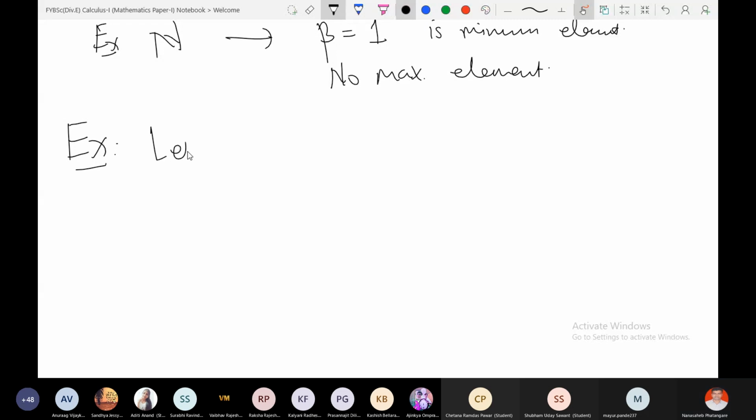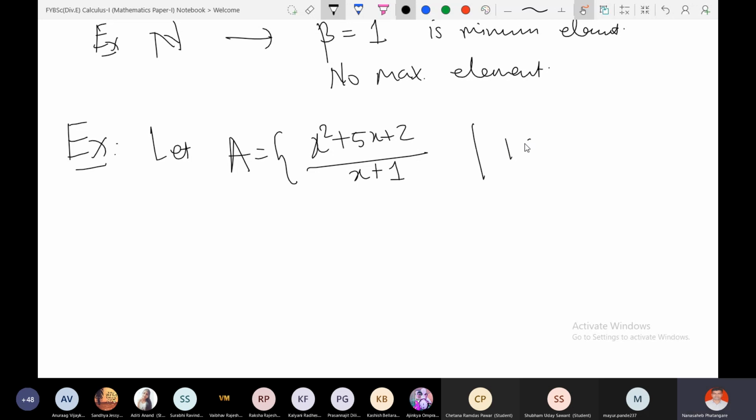Right. So let A be equal to the set of (x square plus 5x plus 2) divided by (x plus 1), for 1 less than or equal to x less than or equal to 3.